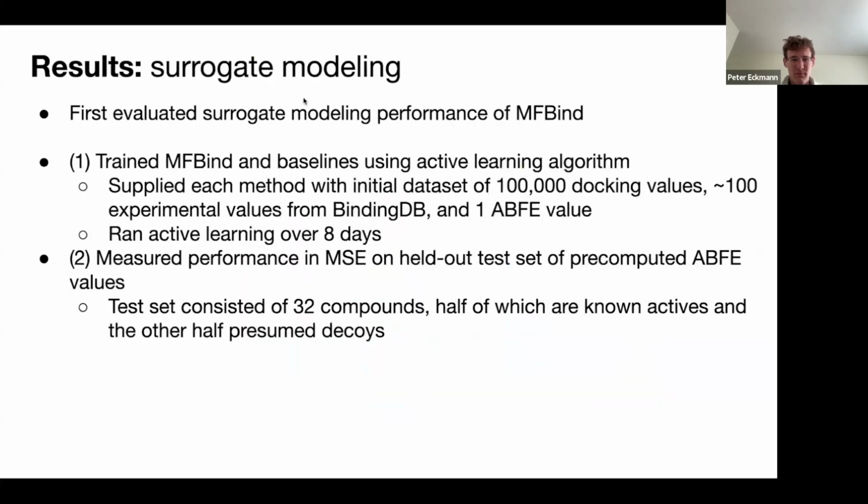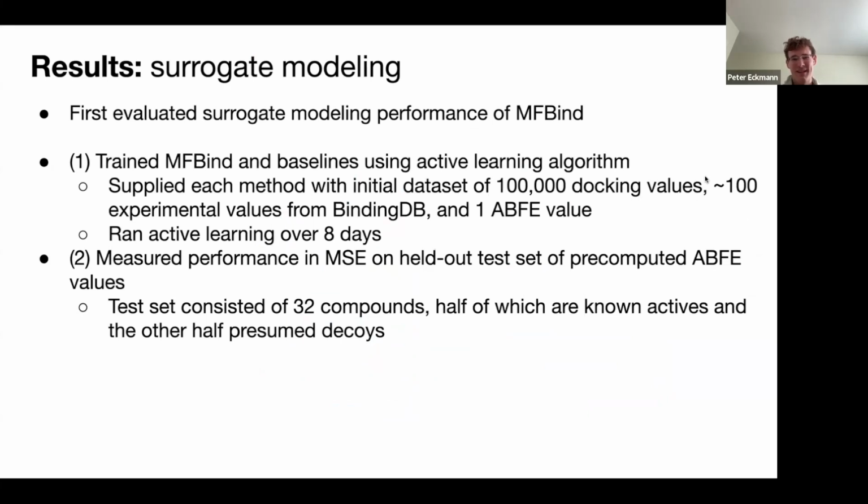So now we'll talk about the results. We first wanted to evaluate the surrogate modeling performance of MFBind. To do this, the first step was to train MFBind and the baselines using the active learning algorithm that we just talked about.